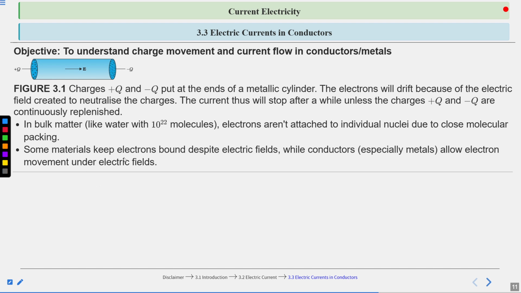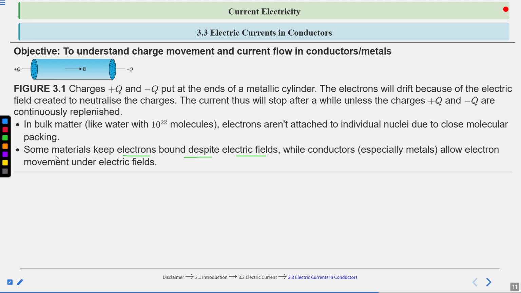Some materials keep electrons bound despite electric fields, like we have discussed in dielectrics. In the external field, electrons remain bound. Only the distribution of negative and positive charges in the molecule changes, stretching of the molecule, which we have discussed. Only a dipole moment is created, but electrons are still bound to the molecule.